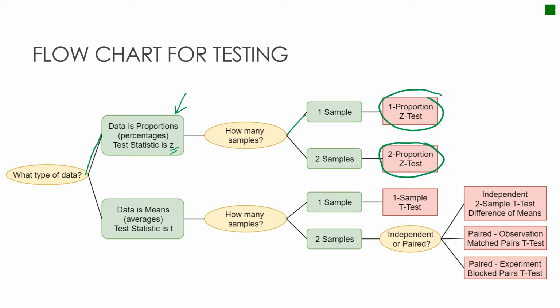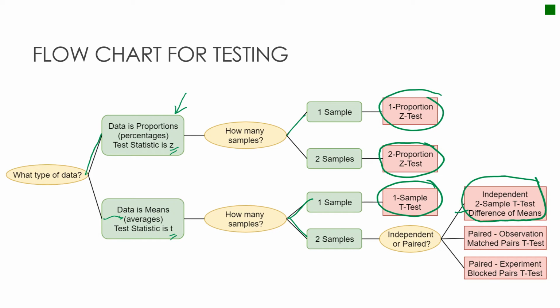If we have means, then that's an averages question, and we're dealing with a t statistic rather than z. How many samples? If we have one sample, we're doing a one sample t-test, which we already know how to do. If we have two samples, we're going to learn this week that there are a couple of options. If it's independent, we're going to do what's called a difference of means, or two sample t-test, but to be more specific, difference of means.